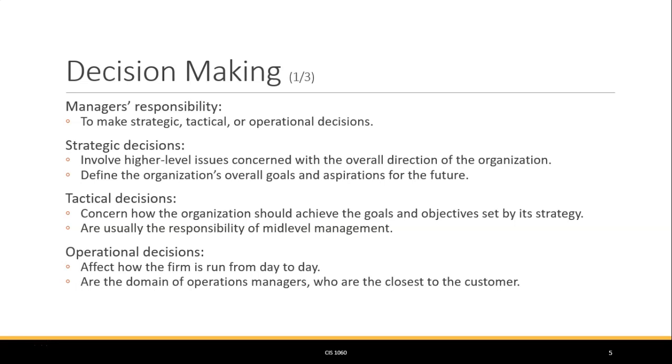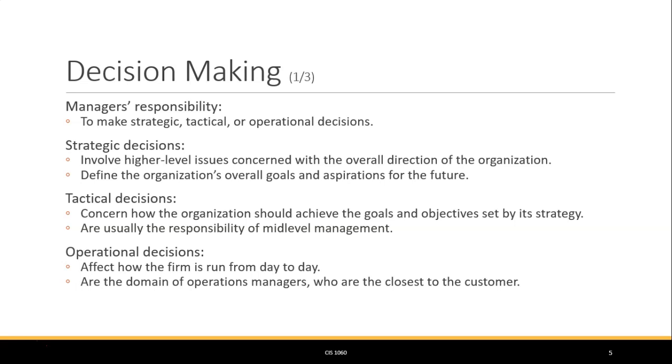And of course, operational decisions are operation based things that make sure that the business is run. So in the example of Walmart, if they're looking at getting product out to customers and they come across a situation where a truck is running behind, they may have to have an alternative option to give to customers because that truck is running late.